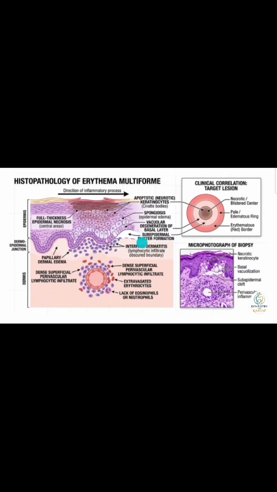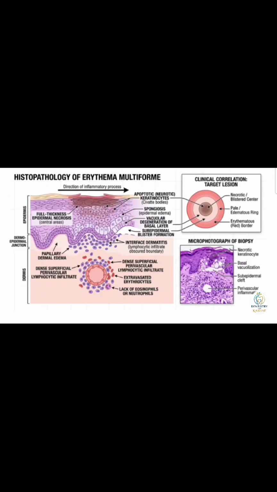So this is basically a subepidermal blister formation. This space you can appreciate here too. And also you will see that there's a vacuolar degeneration of the basal layer. The cells will also degenerate and there will be a blister present here. And of course there will be necrosis of the epithelial cells in between. So this is very basic and very interesting. Histopath is always a very interesting thing to study.